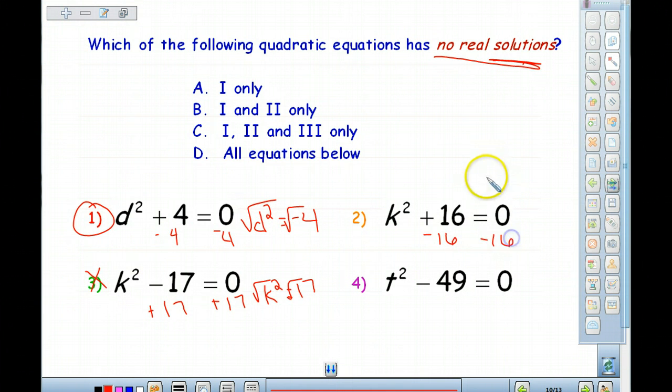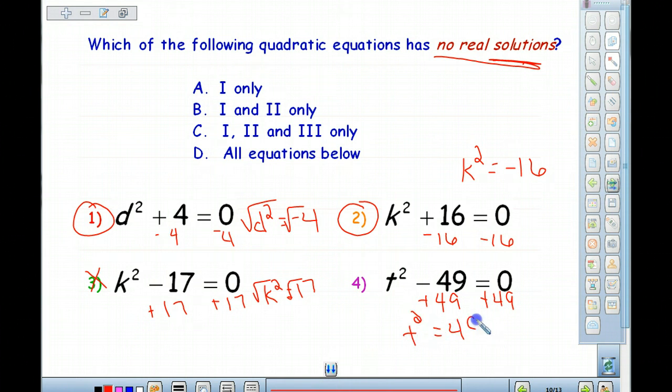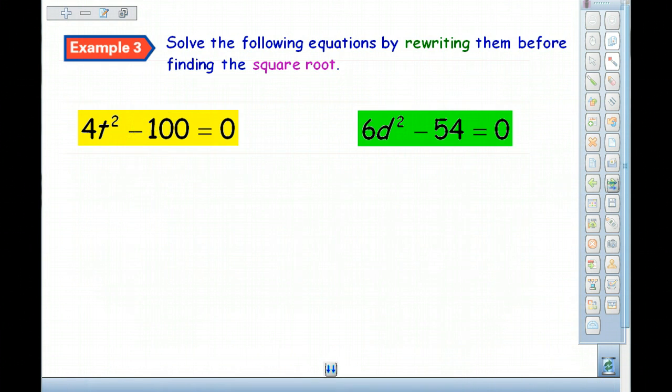This one we're subtracting 16. We get k squared equals negative 16. Nothing squared gives us a negative number, so 2 will work. In this one we're adding 49, so t squared equals 49, and I can take the square root of that, so that one doesn't work. So in this case, 1 and 2 both work.